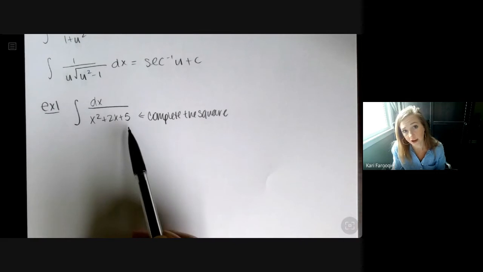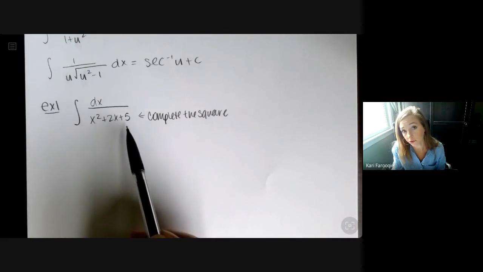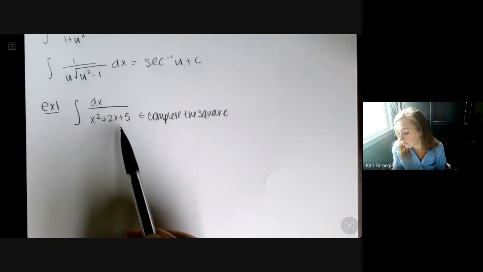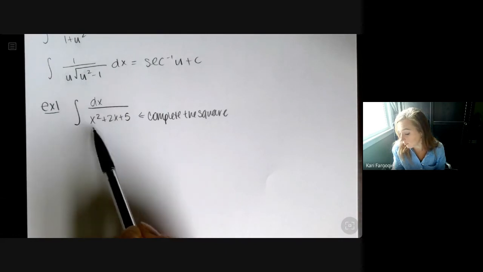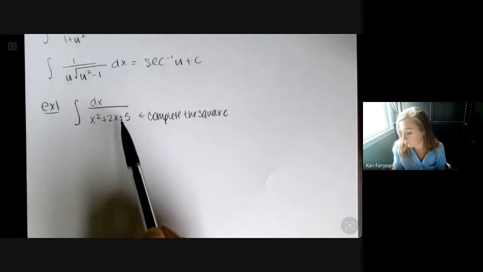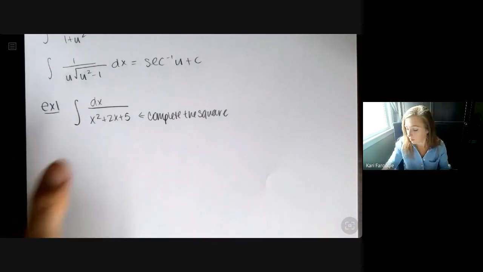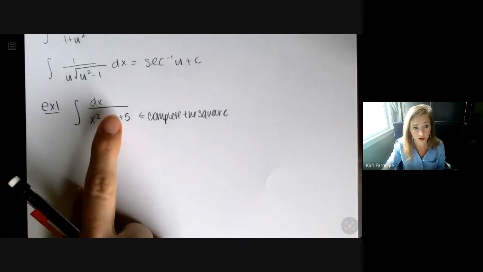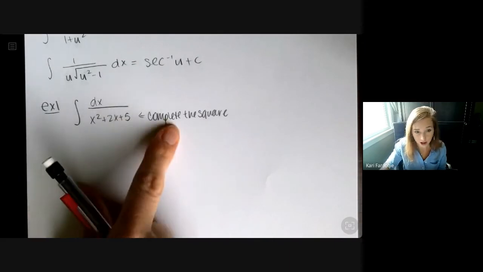This is not factorable. I can't take this and rewrite it as the product of two binomials. So I really want you to understand the difference between this and something that we're going to do in 7.5. So in 7.5, we're going to have a completely different solution process because we're going to have a denominator that we can factor into two binomials. This one we can't. So if you get a trinomial that you can't factor, you're going to automatically complete the square.